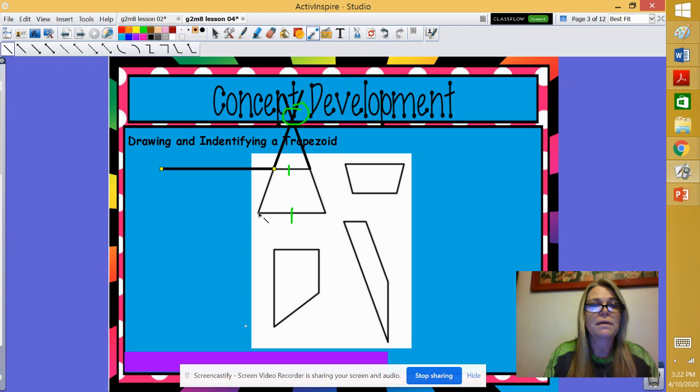These sides are not going to touch. So these two sides are our parallel sides. This side and this side are not parallel. We will find the same with each one of these shapes. One side is parallel, the other side is not and would eventually touch if the lines were extended out.